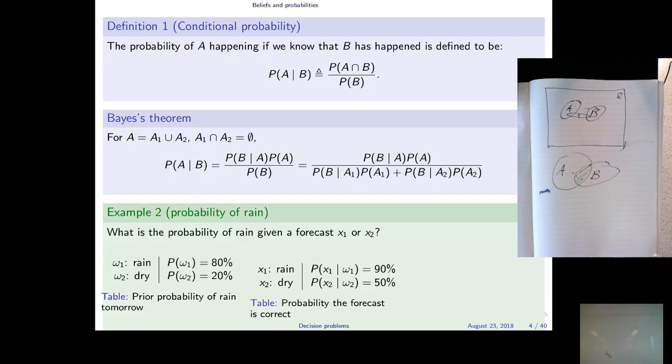Here I told you this is a typo there, so I'll have to fix it actually.